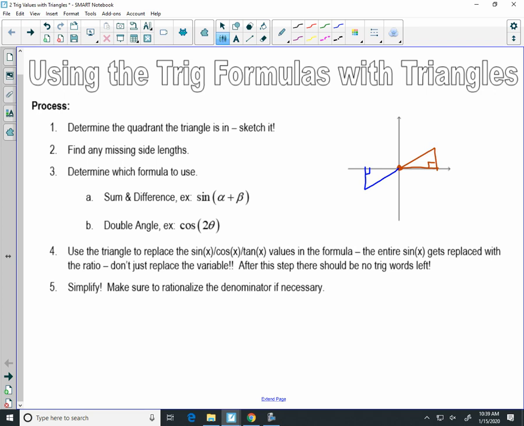And then determine which formula you're going to use, and use the triangle values to replace sine or cosine or tangent. Just like yesterday when we had cosine of pi over 4, and then we made that radical 2 over 2. Here you're going to have sine of a, and we're going to put in 1/3. It's going to replace the whole thing. And then simplify and rationalize.